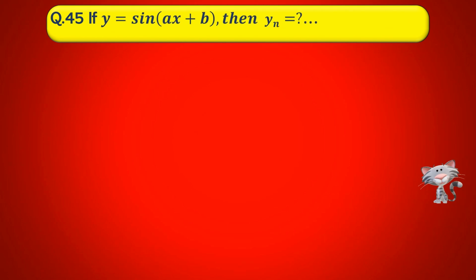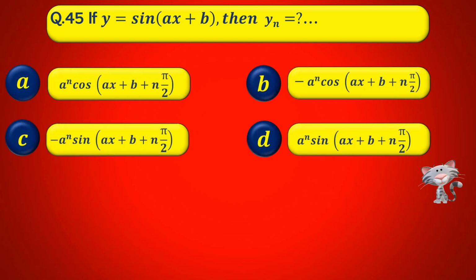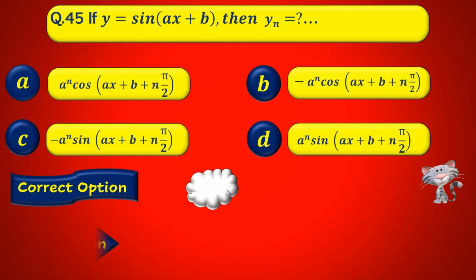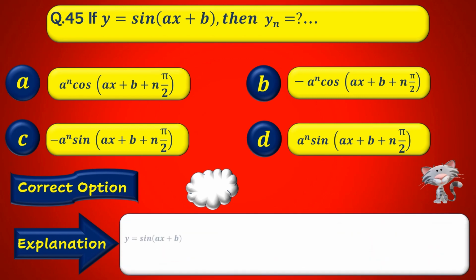Question number 45. If y is equal to sine of ax plus b, then yn is equal to. The options are, let's check out which one is the correct option. We are given y is equal to sine of ax plus b. Its first derivative is a into cos of ax plus b.